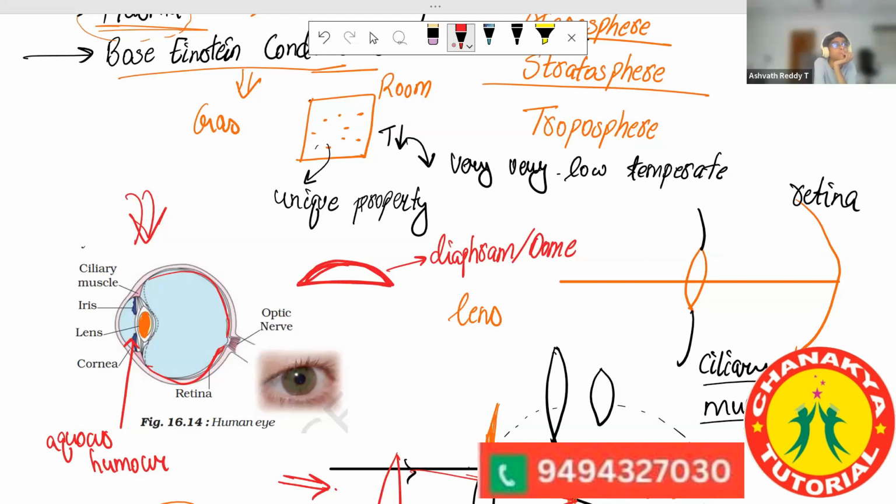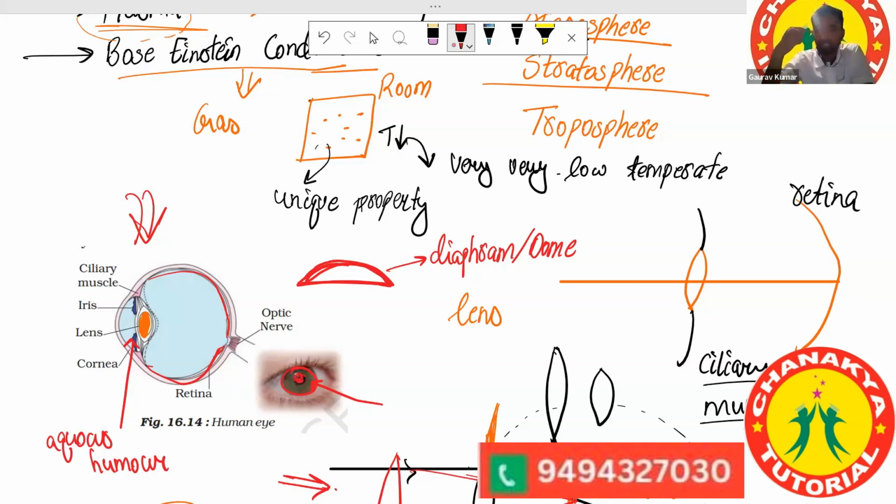Here you can see this part, the outer part of the eye. This is the iris, and inside the iris there is a very small opening. This is known as the pupil.